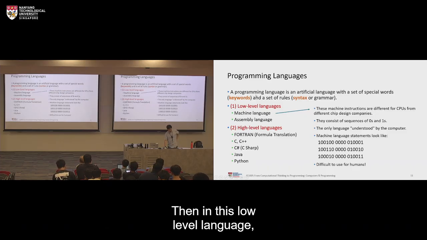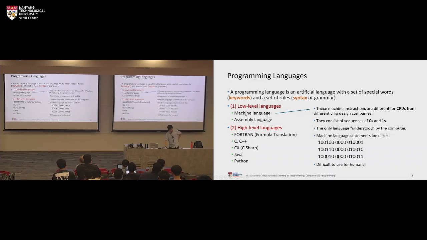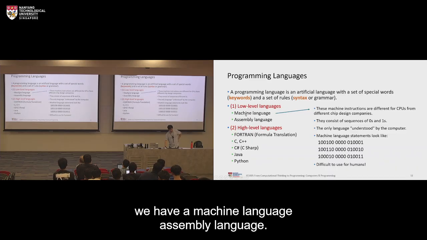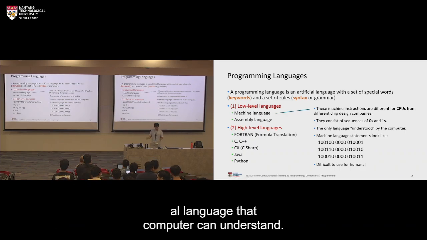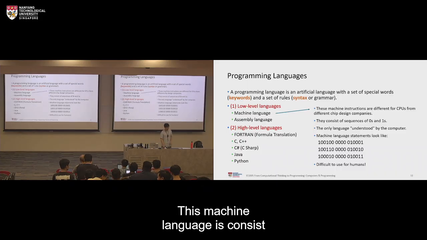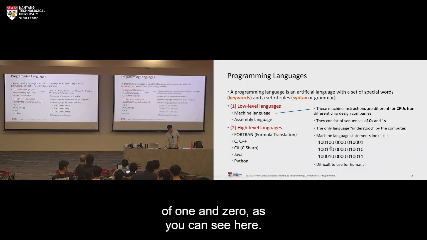Then in the low-level languages, we have machine language and assembly language. Machine language is the real language that the computer can understand. It consists of 1s and 0s, as you can see here.